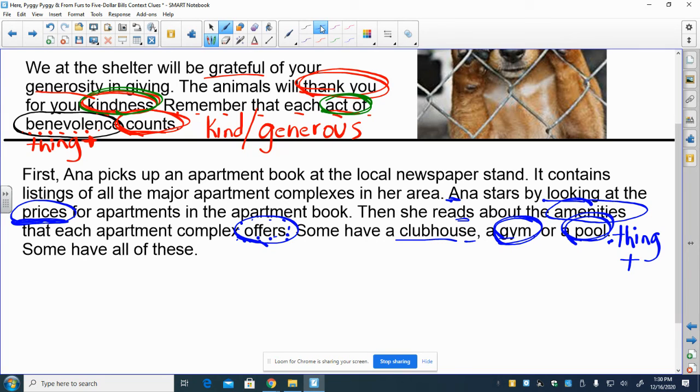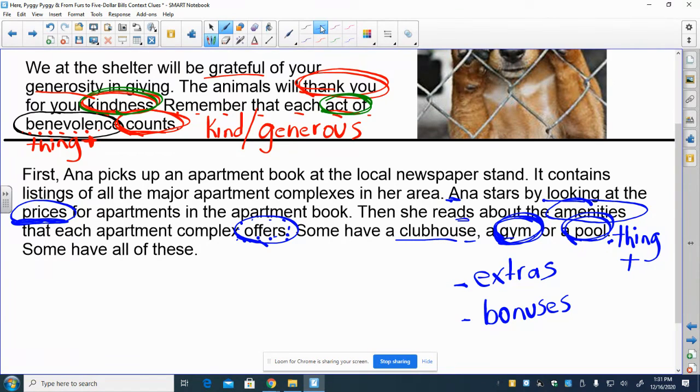Does it have a pool? And those are little extras or bonuses. Like if 2 apartments are the same price, but one has a gym and the other one doesn't, I'm going to pick the one that has a gym because it's got those little bonuses or extras.